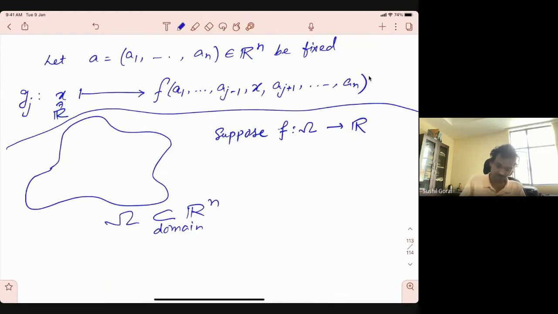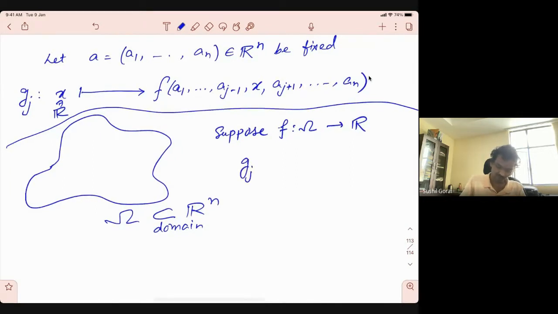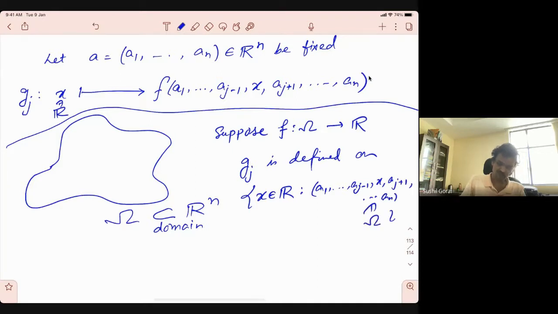So gj is defined on the collection of all x belonging to R such that (a1, ..., a_{j-1}, x, a_{j+1}, ..., an) lies in omega.